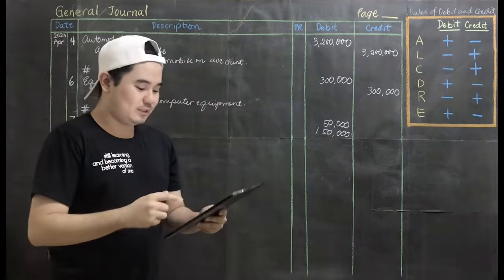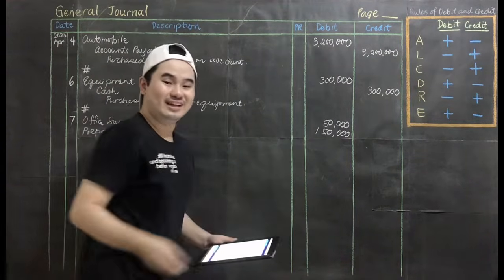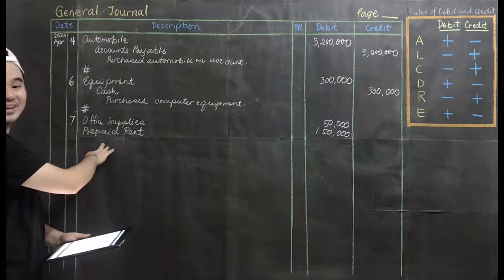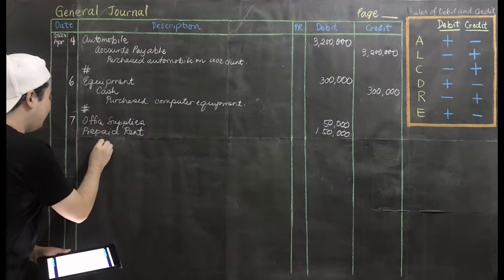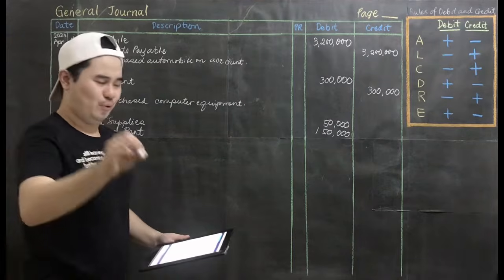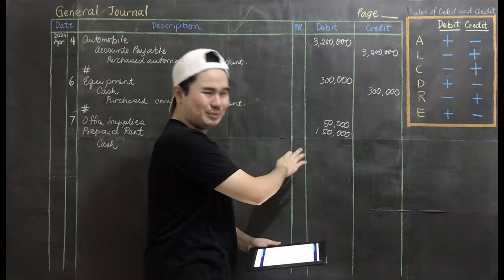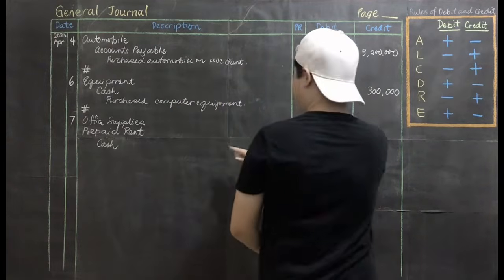Tapos kasi, nung April 7 ay binayaran yan. So, pwedeng i-total na lang natin. Ano i-credit natin dito? Binayaran. So, parang ganito. Credit ka ng cash. Pwedeng total na lang? Pwede. 150 plus 50, 50 plus 150, 200,000.